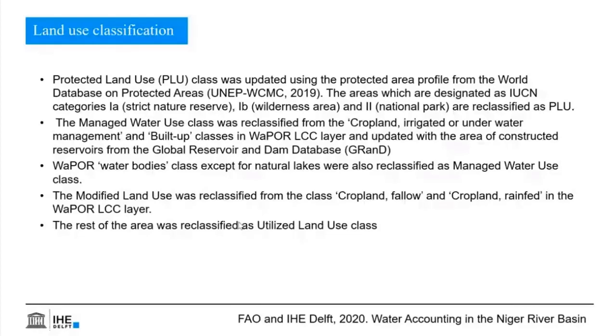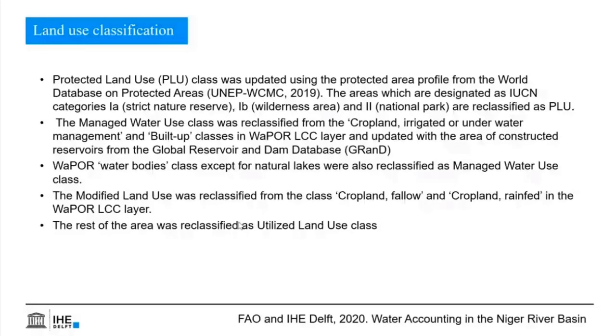For protected land use, we specifically choose the IUCN classification, categories 1 and 2, because these are strictly protected areas. Sometimes in a national park, even though it's called a park, you might still have some modification of land cover. That's why we use these categories by the UNEP, to consider only strictly protected area.